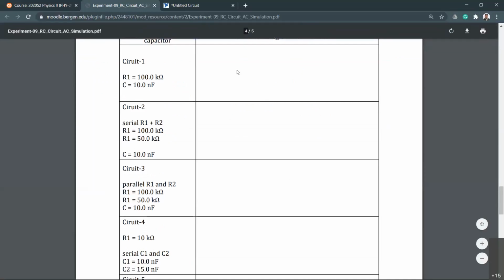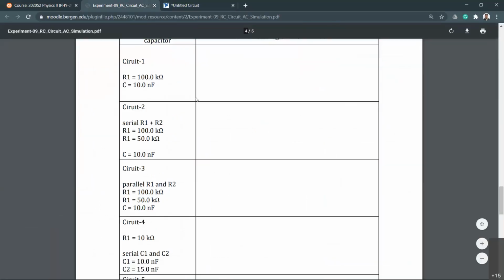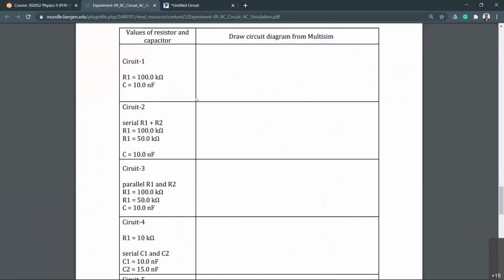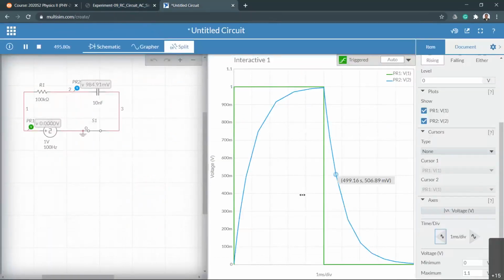You can either draw that physically or take a screenshot of this picture with all the information, values and everything, and then copy paste it there later. The graph picture you have to include in appendix C. That must be there too, because this is part of the real data.